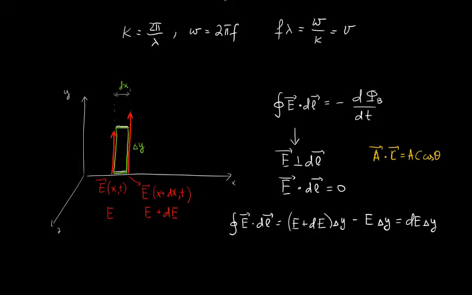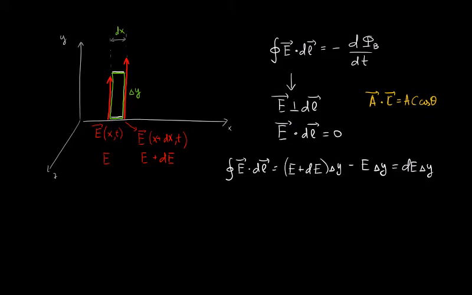For the right side of Faraday's law, I can write d phi B dt, where phi B equals the magnetic flux through the loop. So the magnetic flux would be B times dx delta y. That's the loop, since the area of the loop is dx times delta y, so this is the area of the loop.